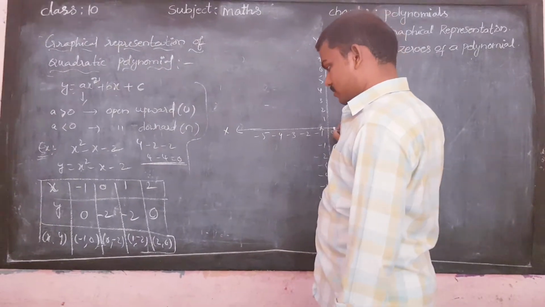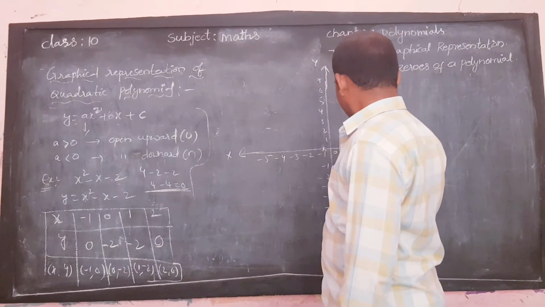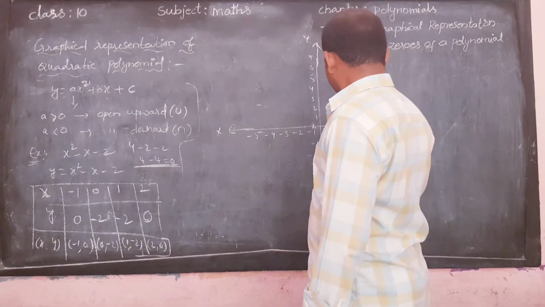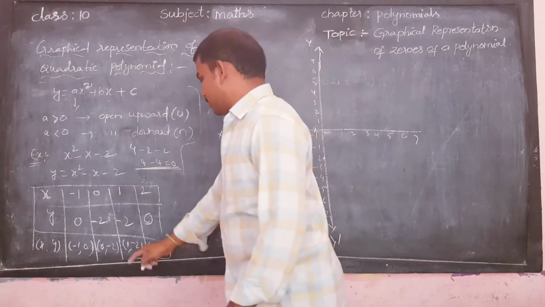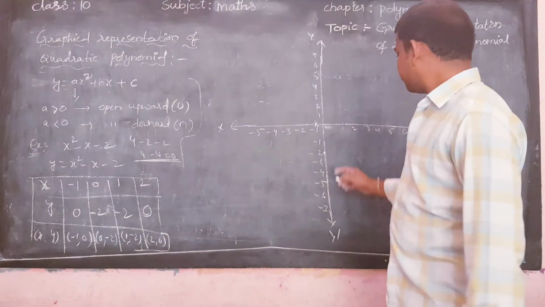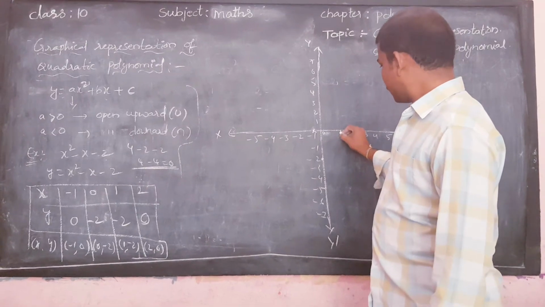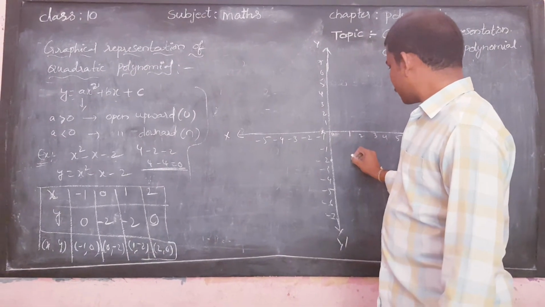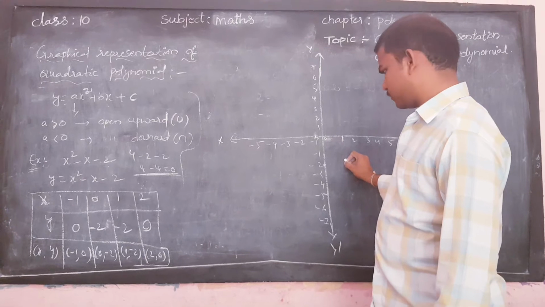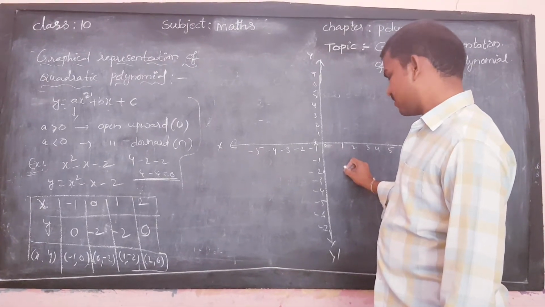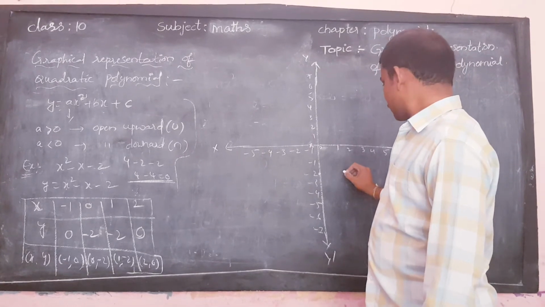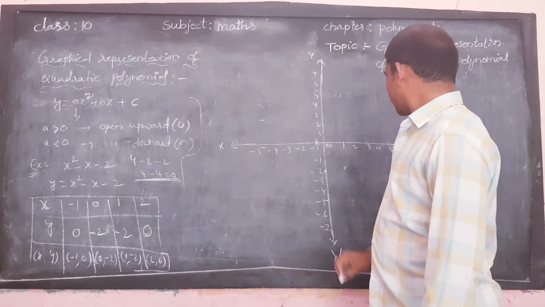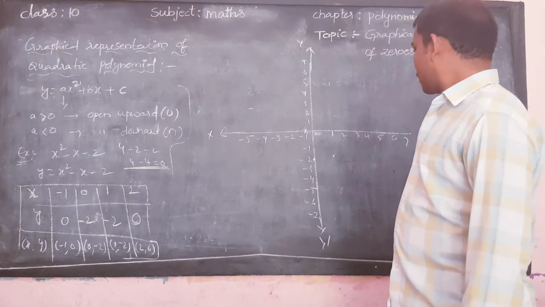Then 1 comma minus 2, where the x coordinate is 1. Then 2 comma 0.